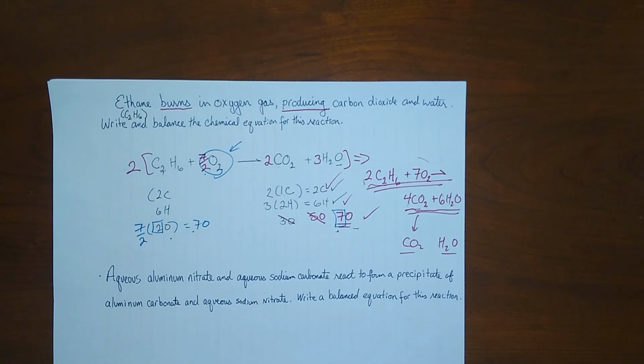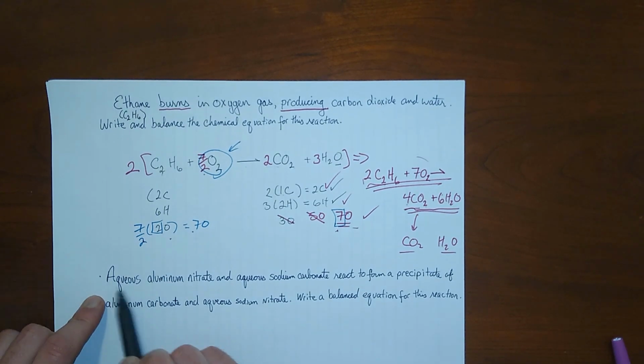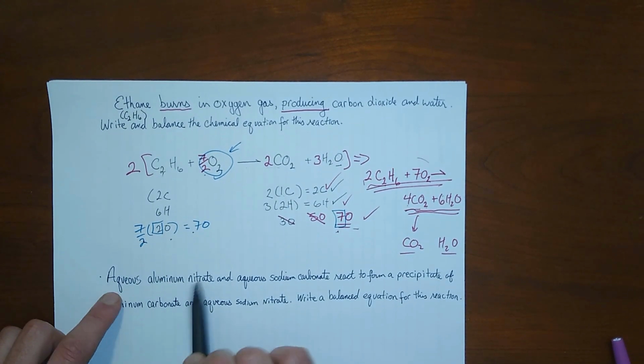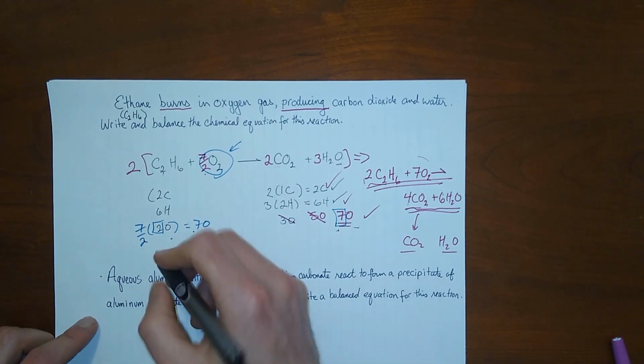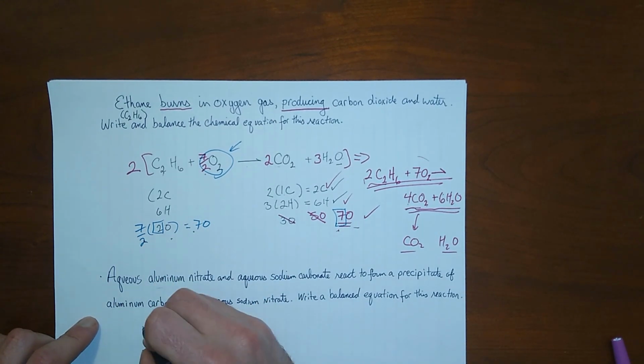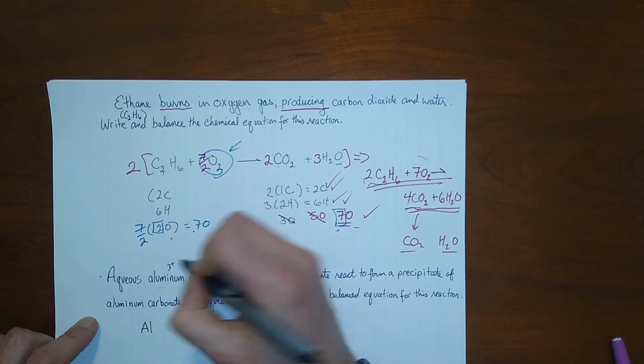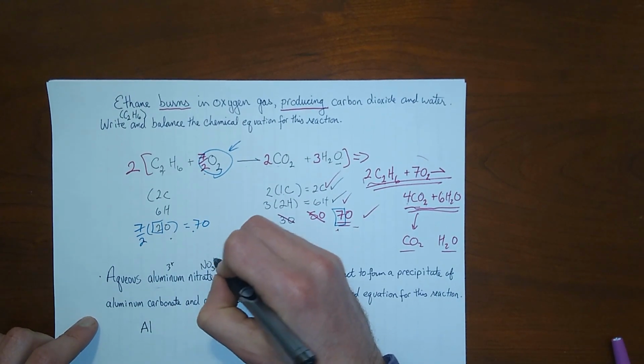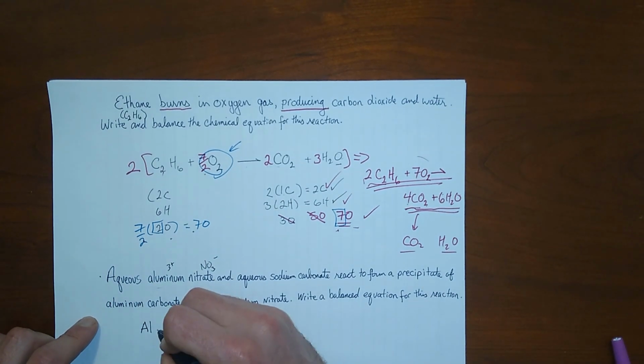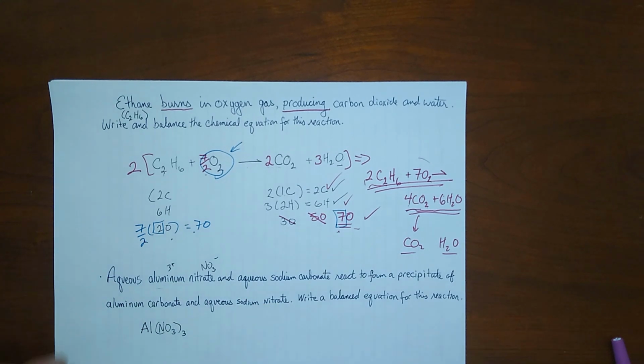Okay, just a couple of other examples to go. Aqueous aluminum nitrate. Okay, again, aqueous means that this compound is dissolved in water. Okay, so aluminum nitrate is, aluminum is usually +3, nitrate is NO3 minus. So I need 3 of those nitrates to balance out with the aluminum.